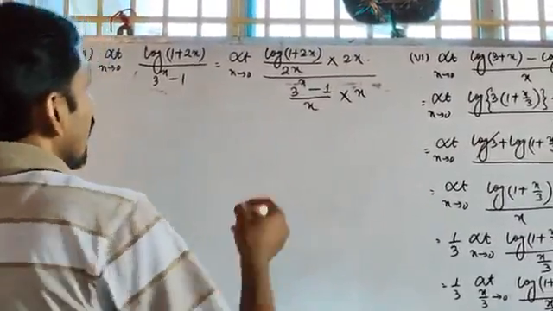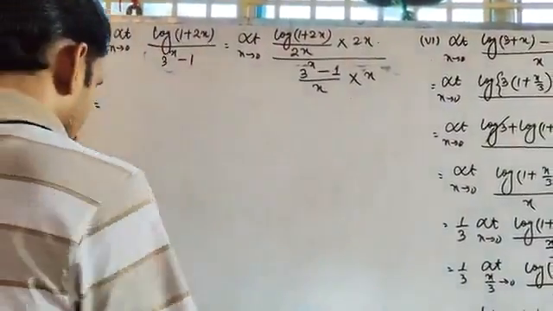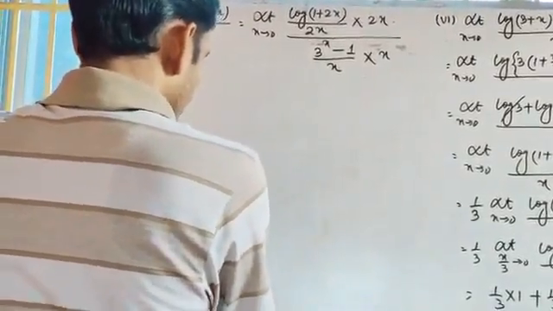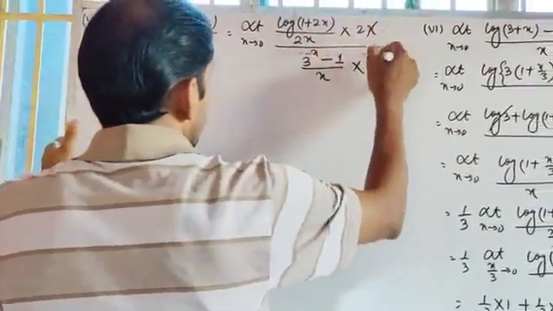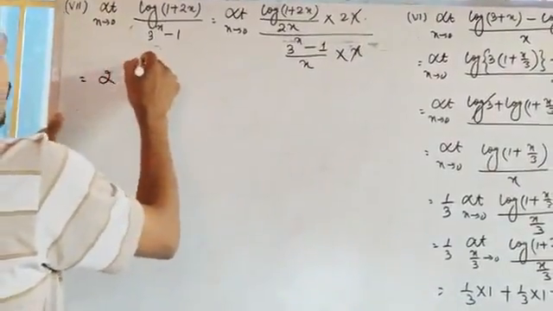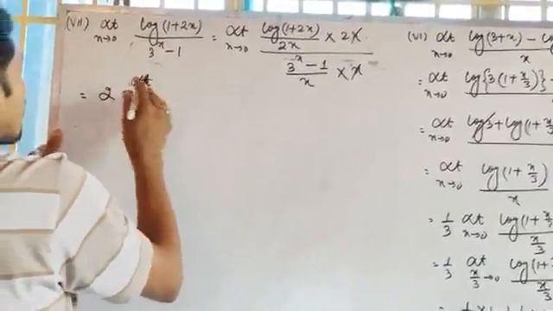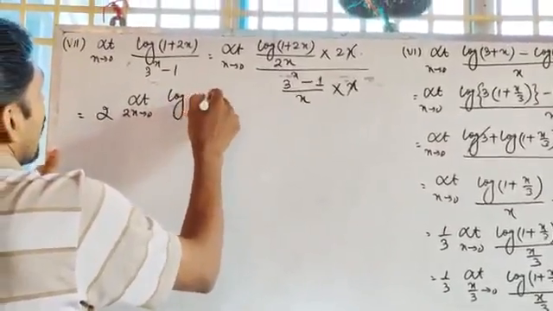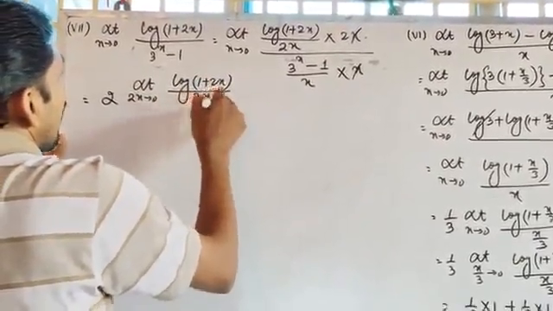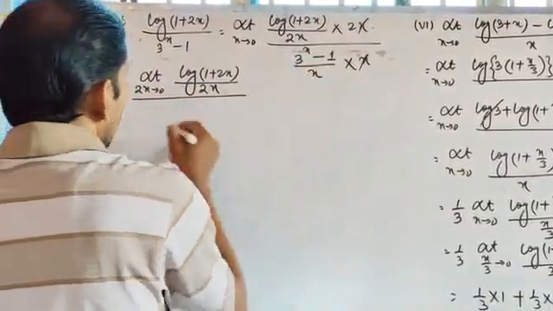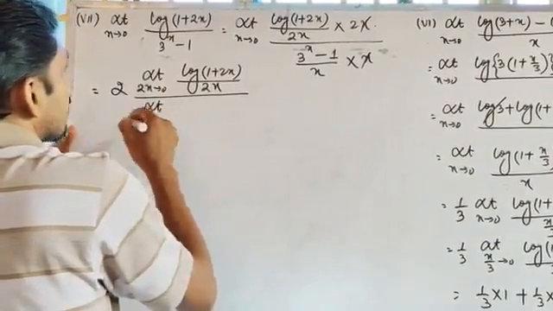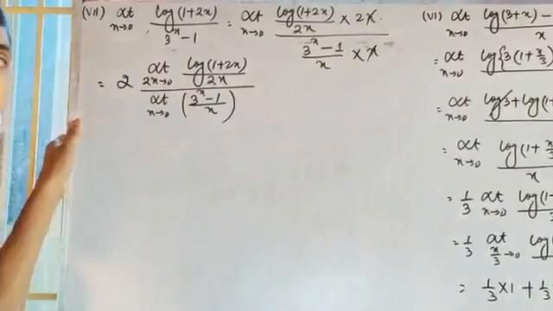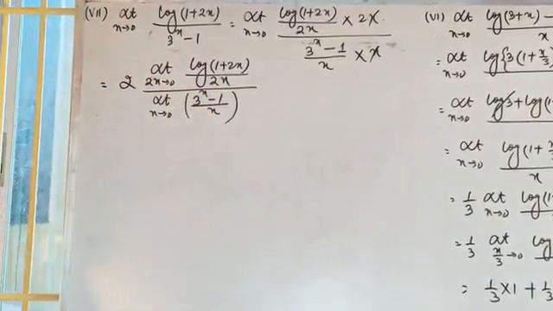Now here x will be cancelled. So if x is cancelled, then it will be only 2. So it is 2 into limit 2x tends to 0 of log 1 plus 2x by 2x, divided by limit x tends to 0 of 3 to the power x minus 1 by x, limit of numerator by limit of denominator.